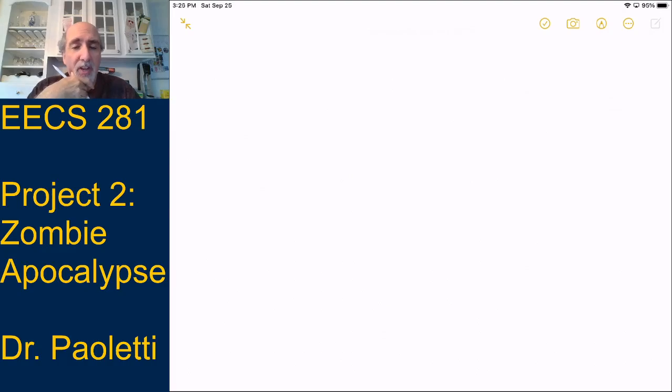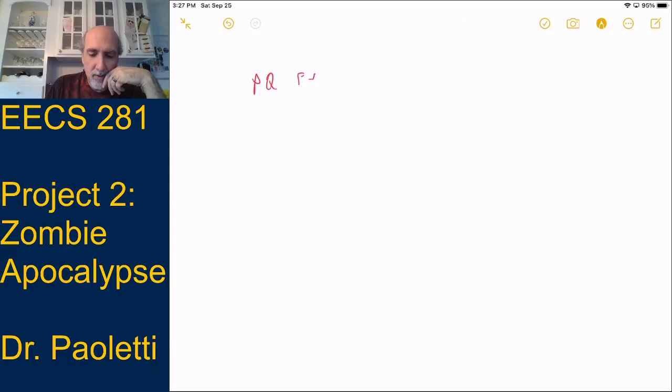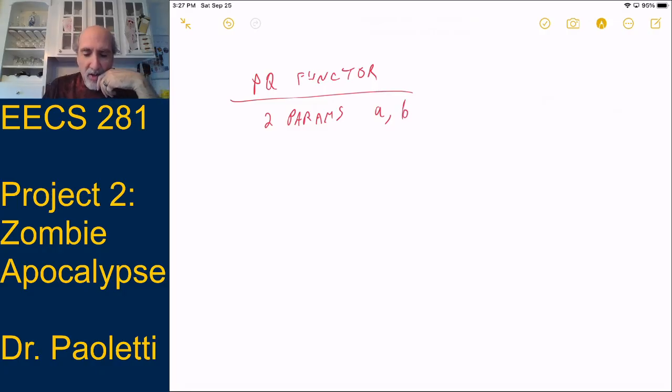So the key, and this is true for either part, is that a functor for a priority queue always has to answer the same question. Let's say I have 2 parameters, which we'll call A and B, lowercase a and b. The functors for a priority queue will always get 2 parameters.